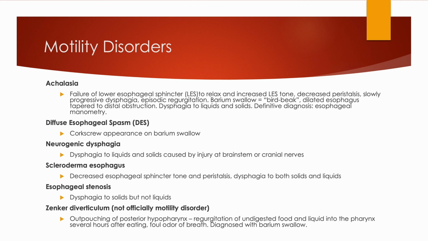So we're not going to cover it here, but essentially you get decreased sphincter tone. So the opposite of achalasia, where you have a lot of gastric contents splashing up and causing dysphagia. Esophageal stenosis, we're really not going to talk about much. And then Zenker diverticulum is not really a motility disorder, but we will talk about that in a little bit.